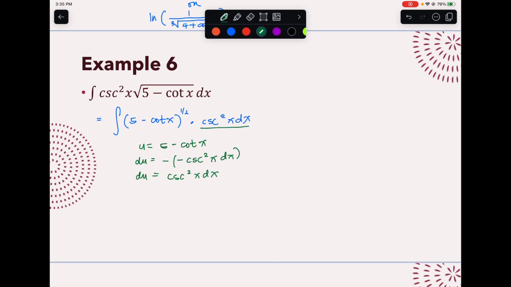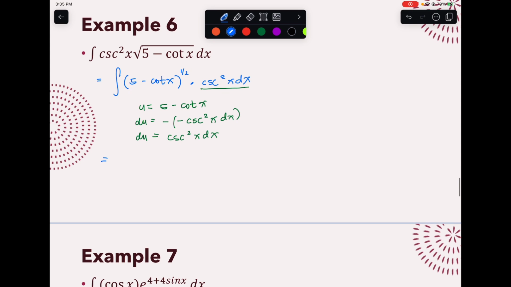So this is u raised to 1/2 multiplied with du. Therefore, we're just going to use the power rule. You can substitute if you want, but I already know that this is u raised to 1/2 du. So I'm just going to write the u, which is 5 minus cotangent x, then 1/2 plus 1 is 3 over 2, all over 3 over 2, plus c. So finally, that becomes 2/3 of 5 minus cotangent x raised to 3 over 2 plus c.